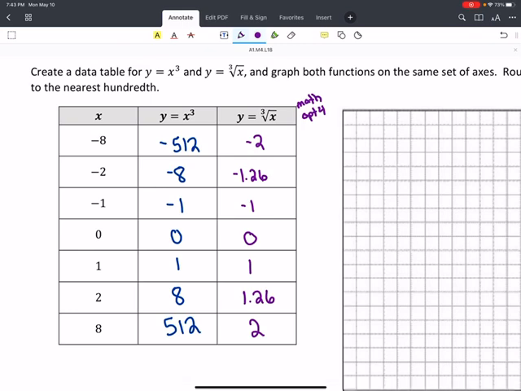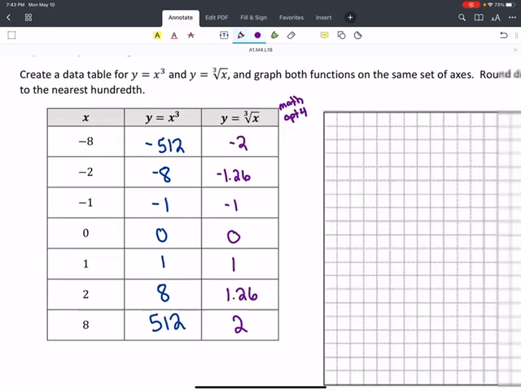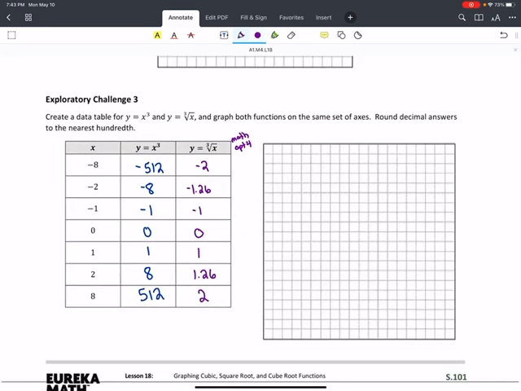As I have negative x's, I have negative y's. As I have positive x's, I have positive y's. And then again, it says to graph this.